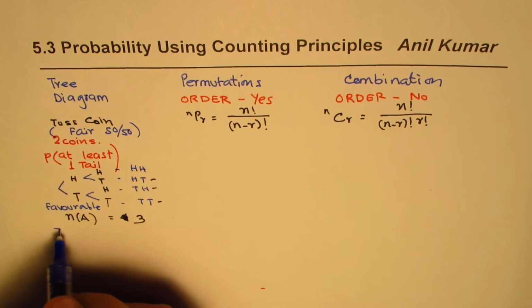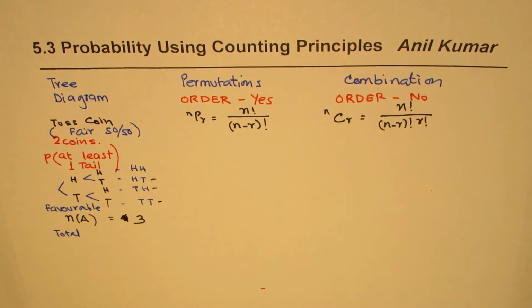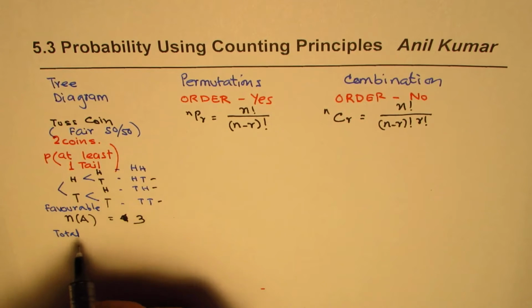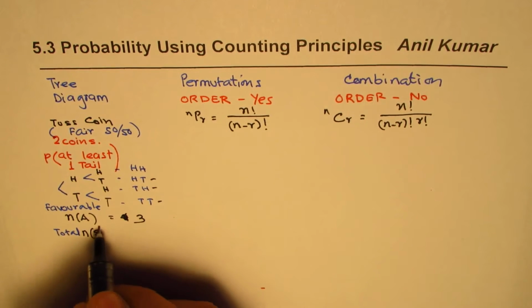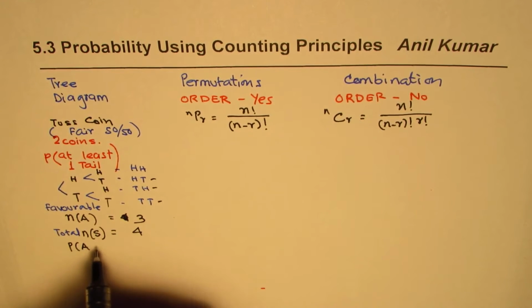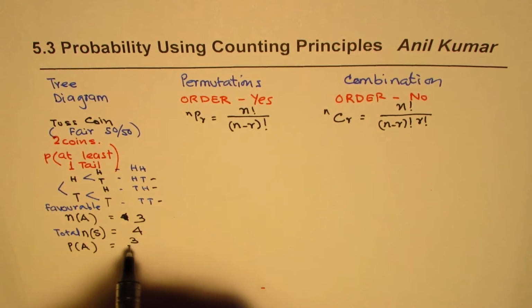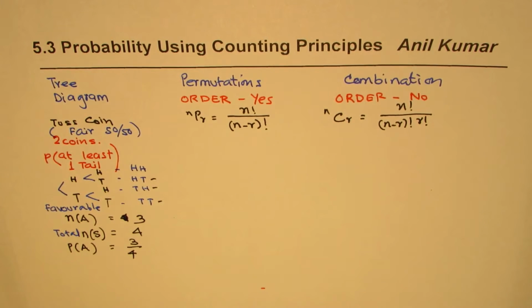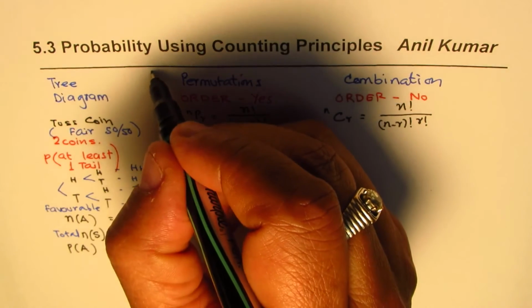Total number of outcomes, that is the sample space, represented by the letter S, is 4. And therefore the probability of this event is indeed 3 over 4. So that is how you can find probability for an event using counting principles.